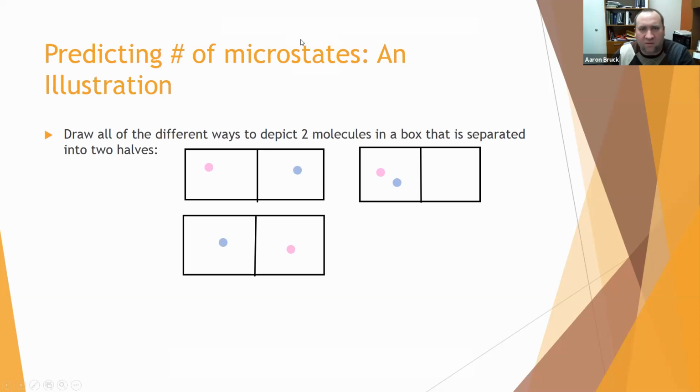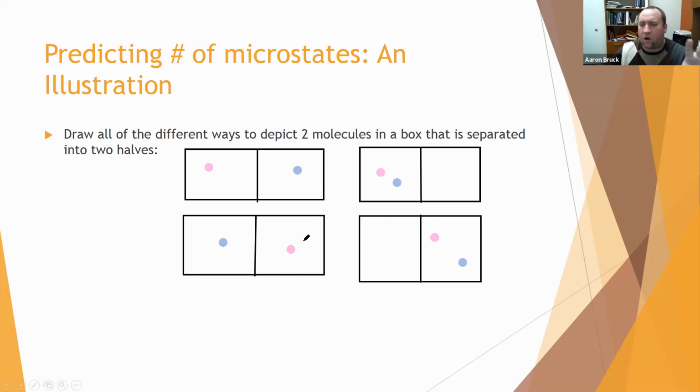And then finally, we've got another box. And this time, the pink dot and the blue dot are on the right-hand side. And so that's it, right? Those are all four of the possible ways that we could take two molecules and separate them out in different ways in different boxes.